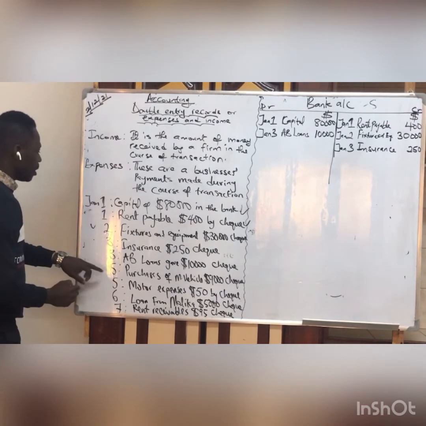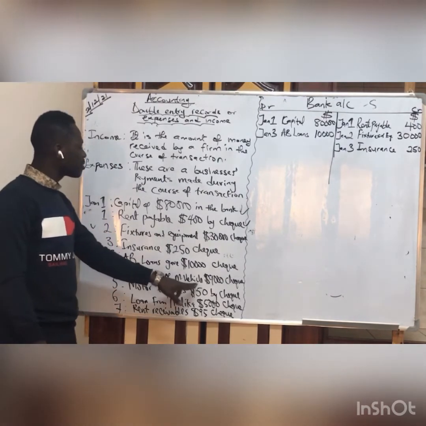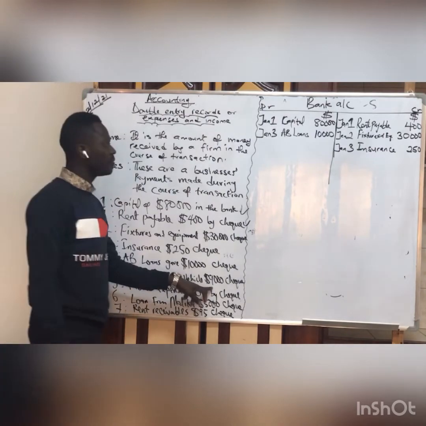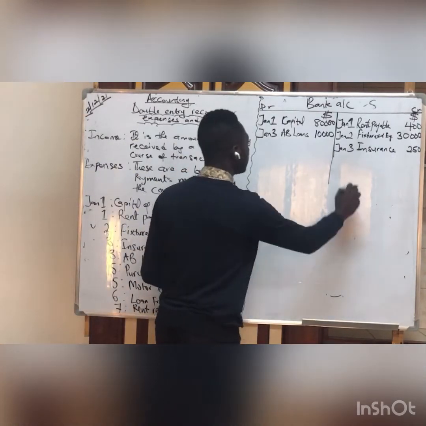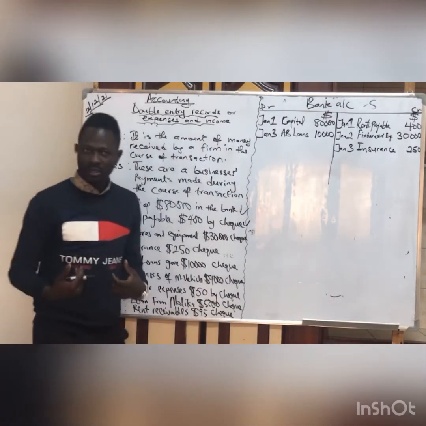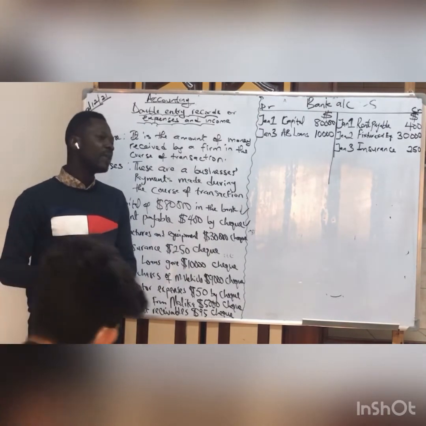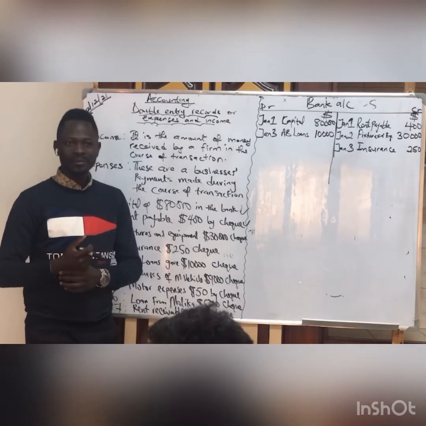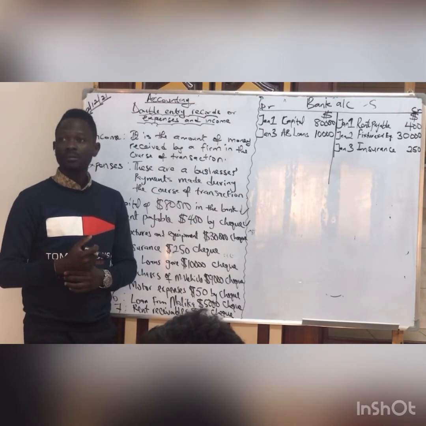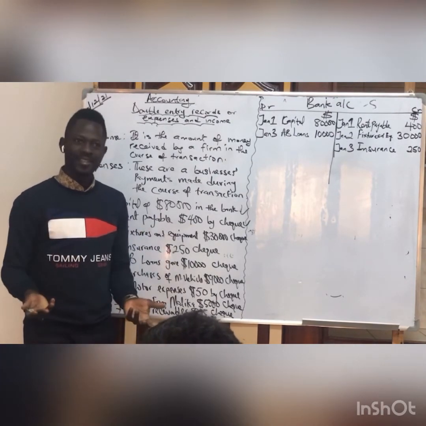On the 5th, purchase of motor vehicle by check, 9,000. On January 5th, you paid for a motor vehicle. So paying for a motor vehicle, is it a debit or credit? You paid. Credit. Great.